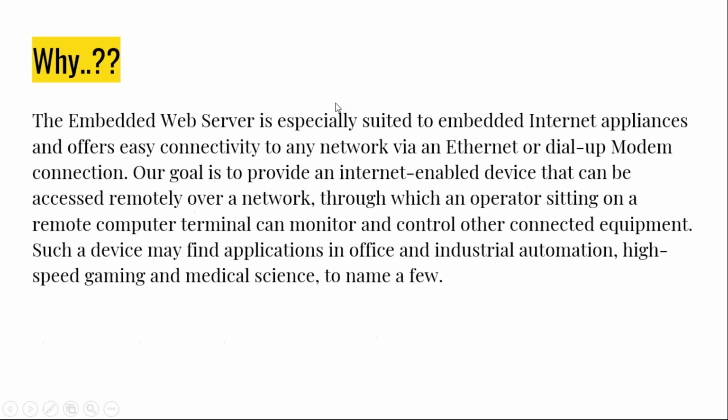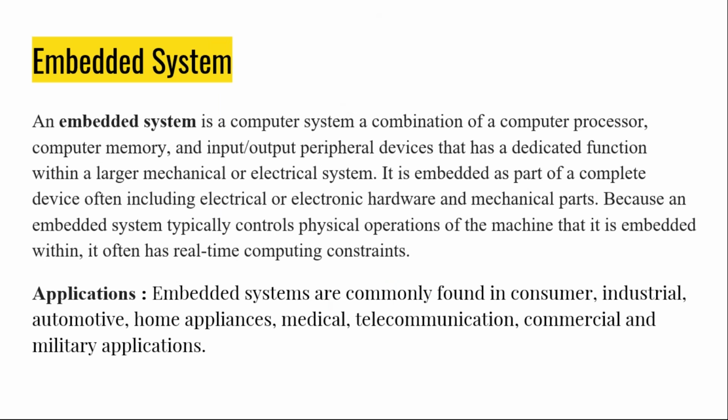embedded system. What is an embedded system? Maybe all of you attended the last session, so you may be familiar with it. According to me, an embedded system is a combination of computer processor, computer memory, and input-output peripheral devices that has a dedicated function within a larger mechanical or electrical system.